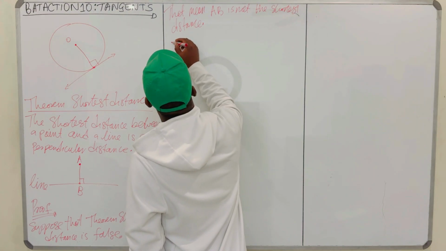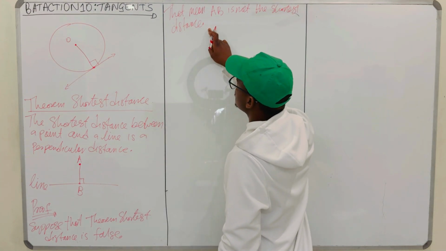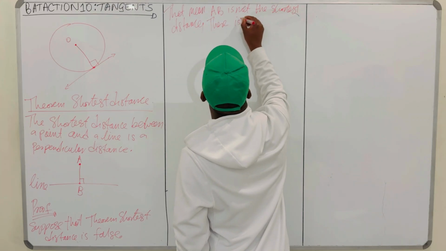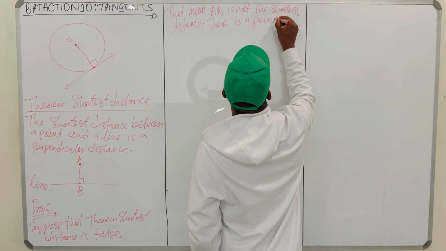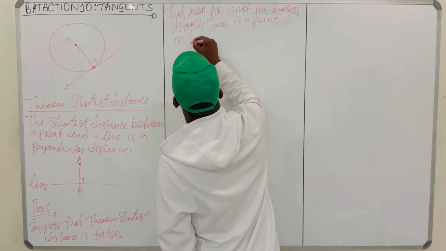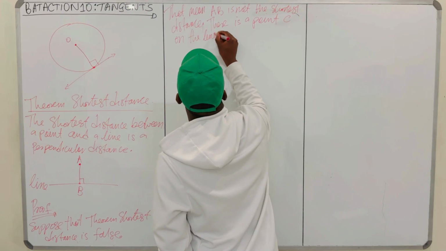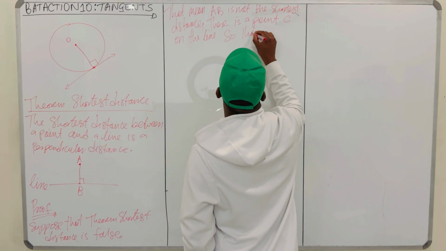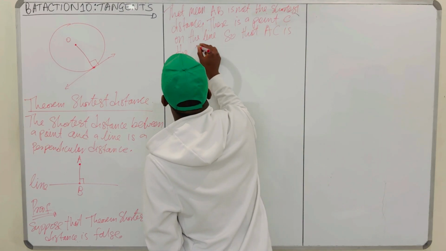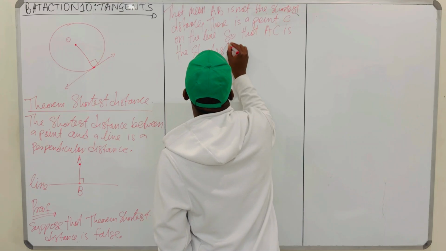So since AB is not the shortest distance, what does it mean? It means there is a point C on the line so that AC is the shortest distance.